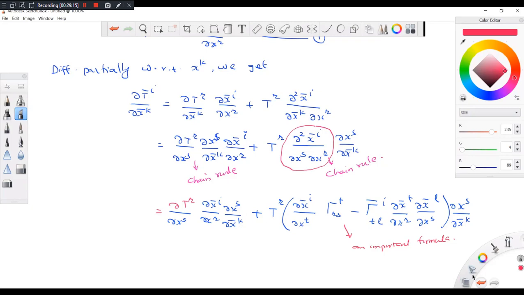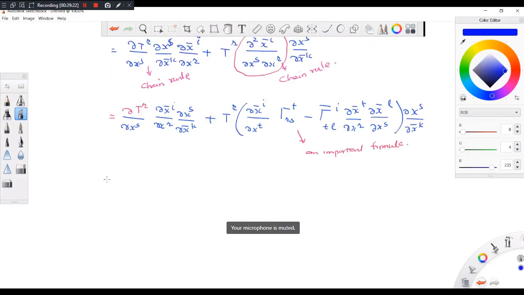Now you expand it. So this is equal to the first one as it is del. Here I make a little change because I want some similar kind of terms.